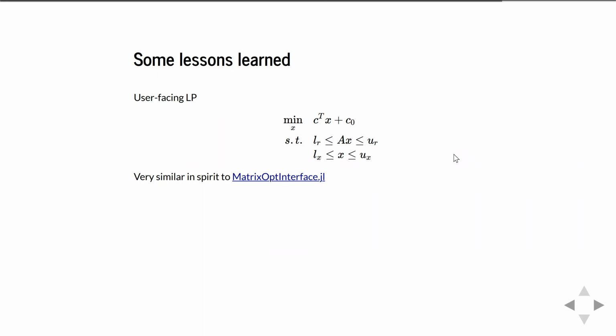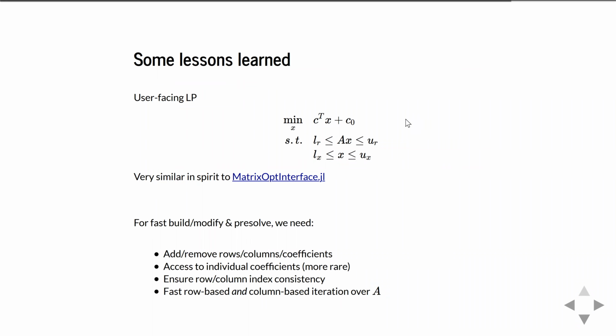Or you can use some bridges in MathOptInterface to do the reformulation for you. I decided to allow a somewhat more general interface so that I could customize a few things myself. But in spirit, it's very similar to the goal of MatrixOptInterface, which is to allow users to formulate models and then get a matrix representation.